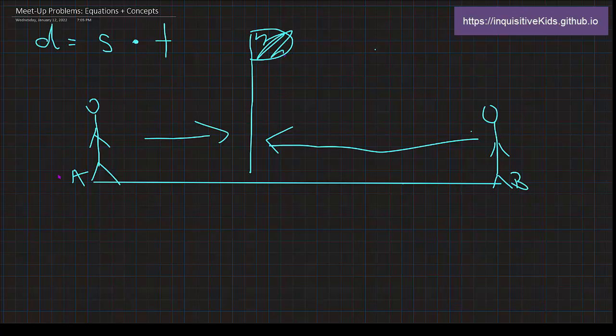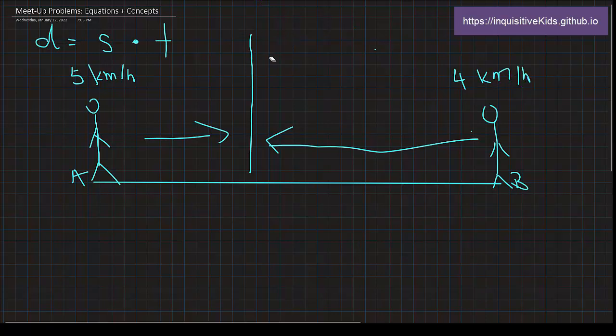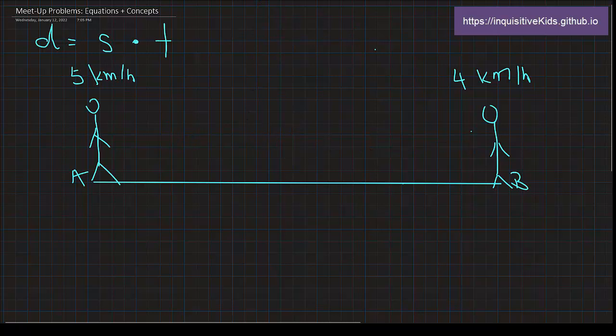If person A is walking at a speed of 5 kilometers per hour, while person B is walking at a speed of 4 kilometers per hour. Okay, this isn't a very accurate drawing here. And they're going towards each other, right?